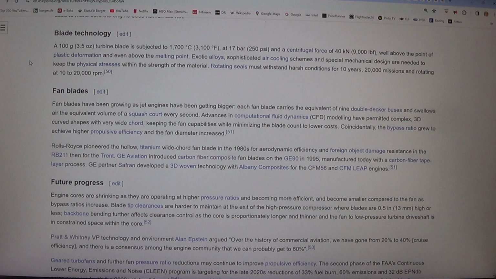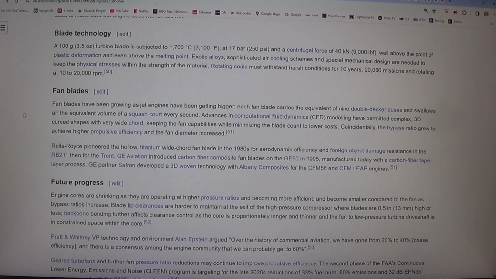Exotic alloys, sophisticated air cooling schemes and special mechanical design are needed to keep the physical stresses within the strength of the material. Rotating seals must withstand harsh conditions for 10 years, 20,000 missions and rotating at 10 to 20,000 RPM.